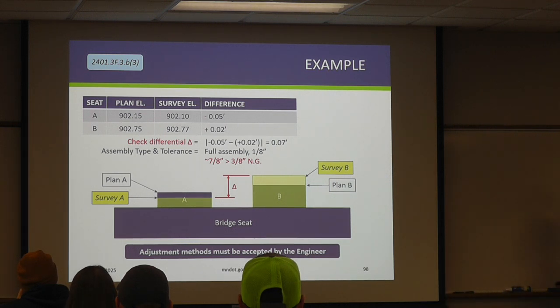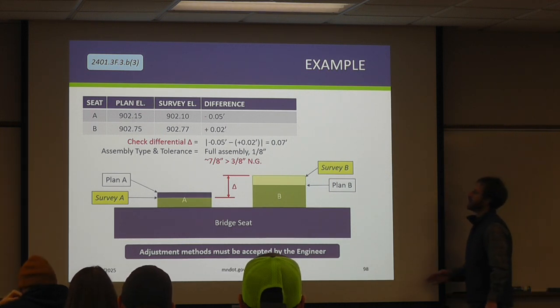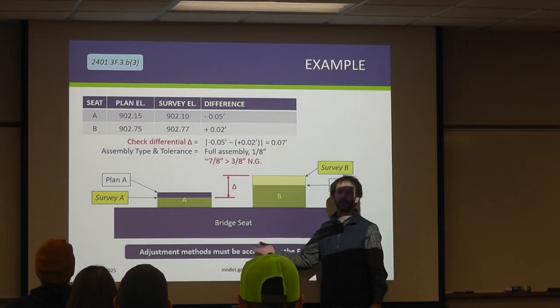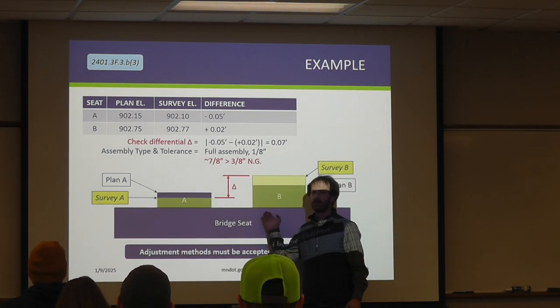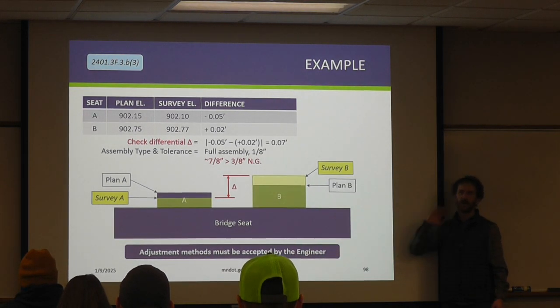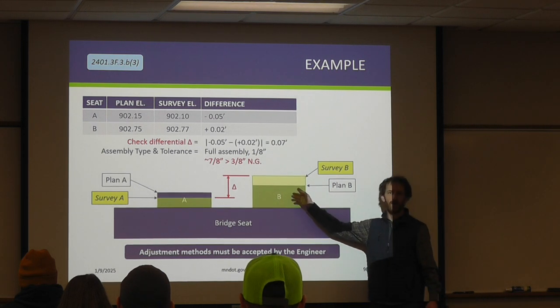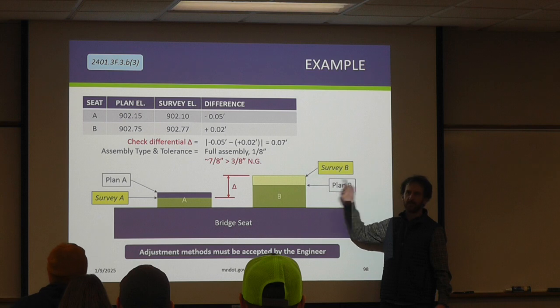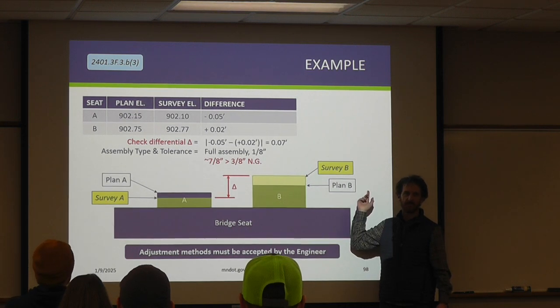Now the tricky part about this, generally we don't have two girder systems, right? There might be 7. So we've checked A and B. Now you need to check B and C, C and D, E and F, right? So you may think, well, it's really easy. Let's just grind this one to get us closer. Well, grinding this one might put B and C out of tolerance.